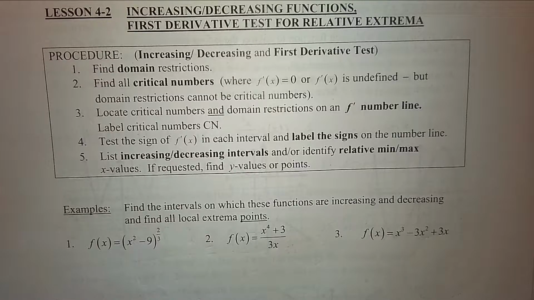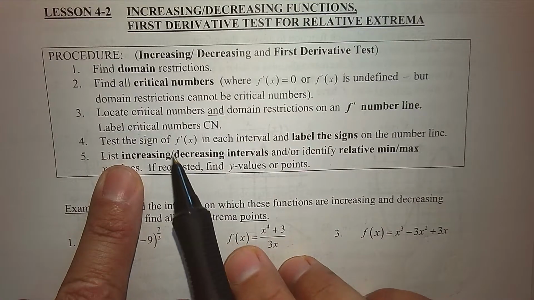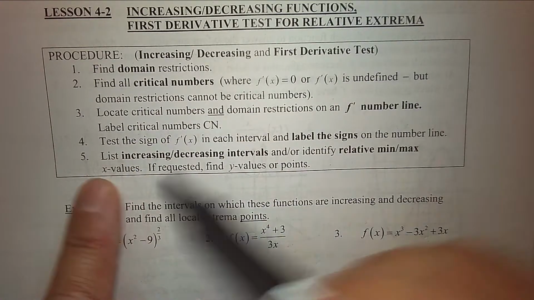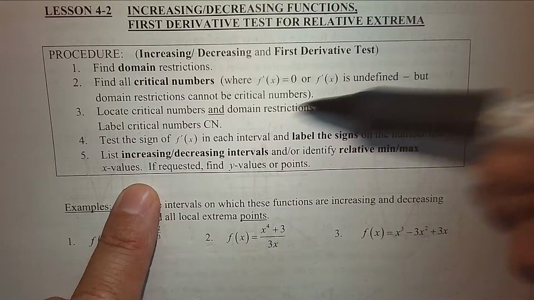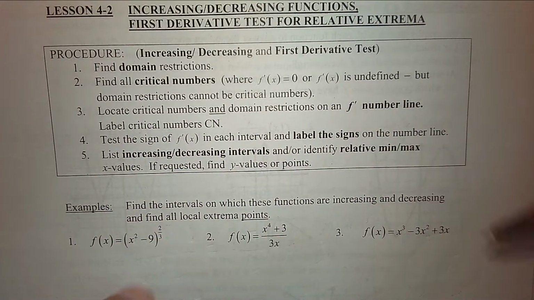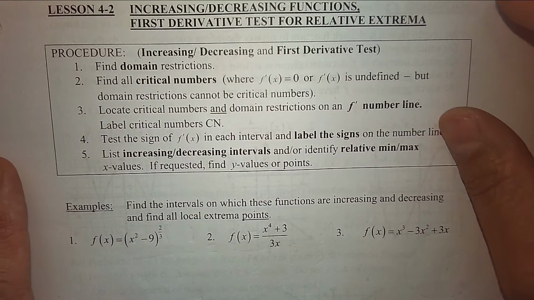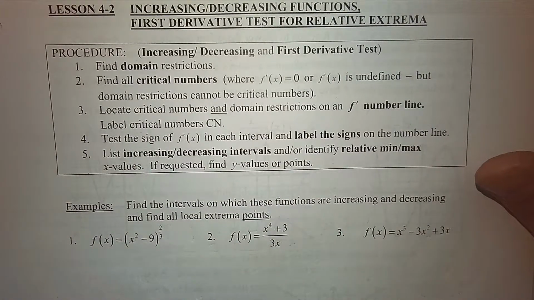If you plug in a number and it's negative, it's decreasing between those numbers. Test the sign in each interval. Then we're going to list the intervals where it's increasing and decreasing and identify relative minimums and maximums. What does that mean? If it changes from increasing to decreasing, you just identified a relative max.